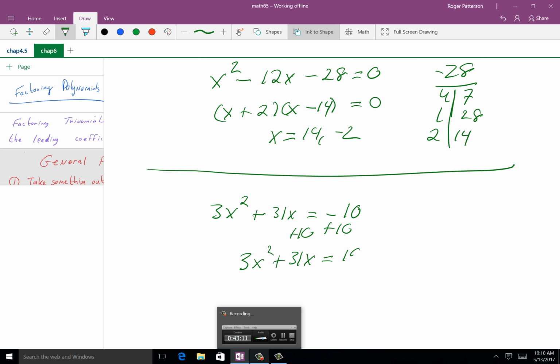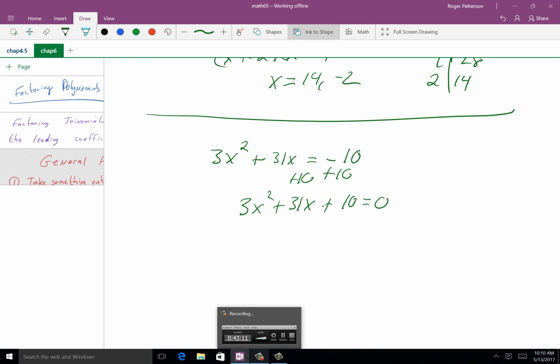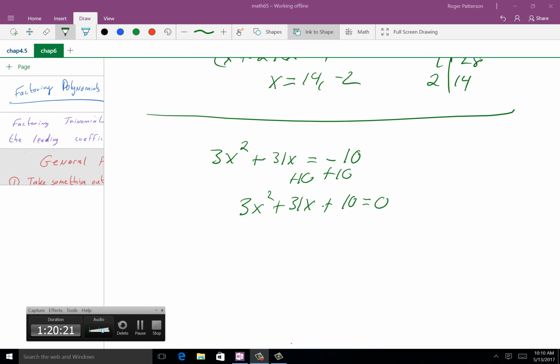Okay. All right, any of those work? 30 and 1. Here we go. 3x squared. What are we going to write next? Plus 30x plus x plus 10 equals 0.